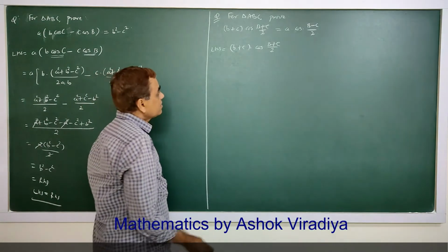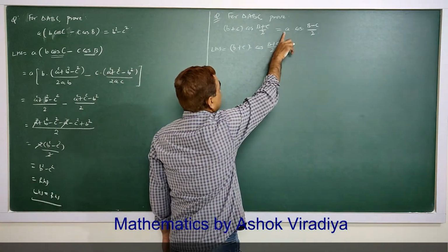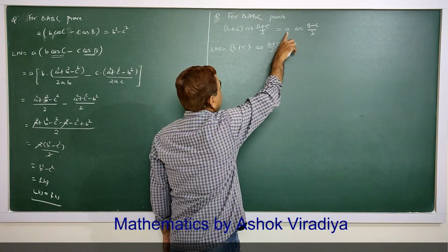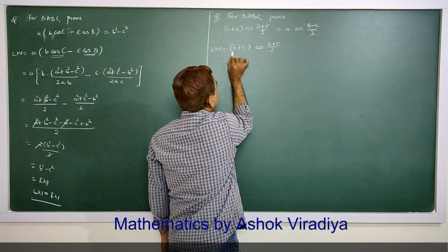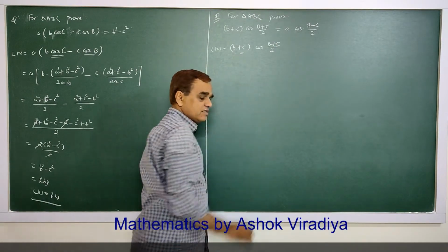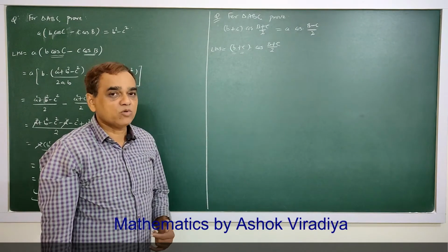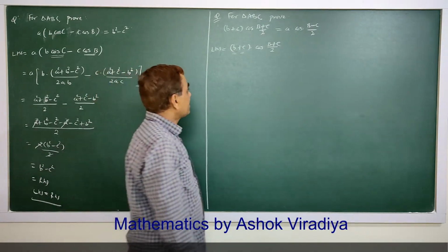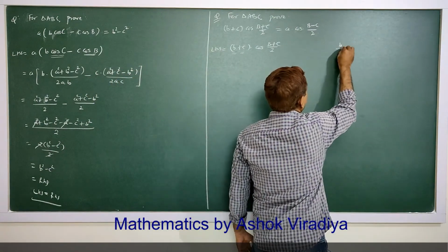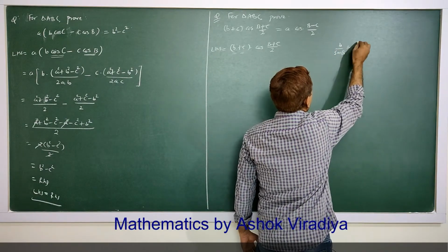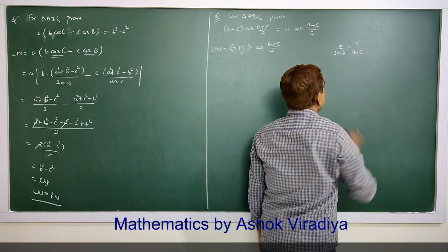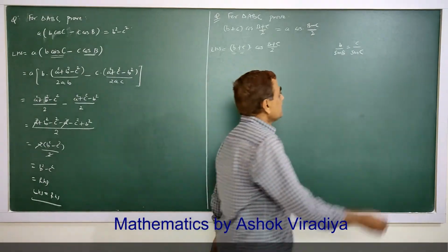So here RHS is free from small b and small c. So it is necessary to remove the small b and small c. So we use the sine rule. We know that b upon sin B is equal to c upon sin C. Suppose it is equal to k.